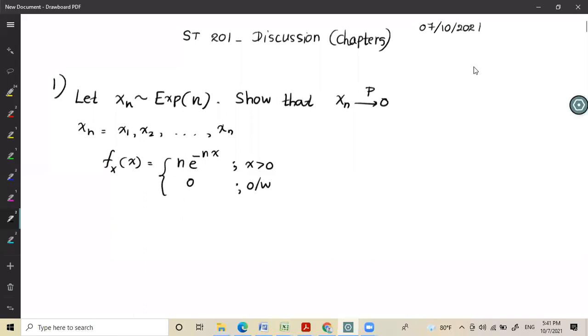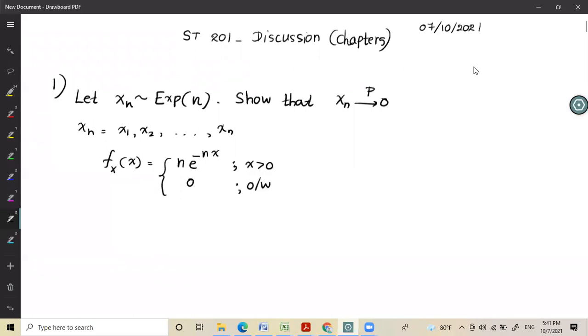So you know that this Xn follows the exponential distribution with parameter n. Usually you use the parameter theta or lambda, but in this case it is n. You want to show that this sequence converges in probability to 0.